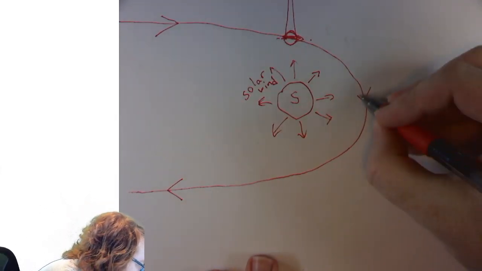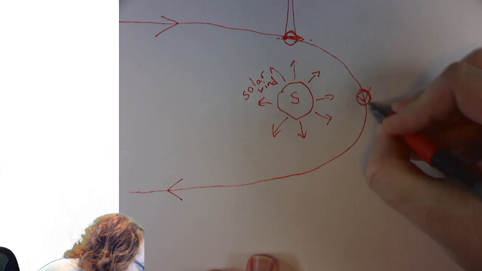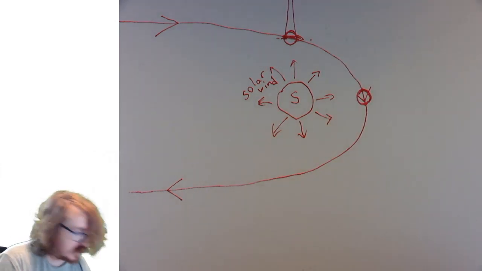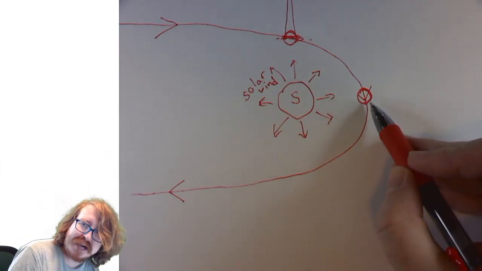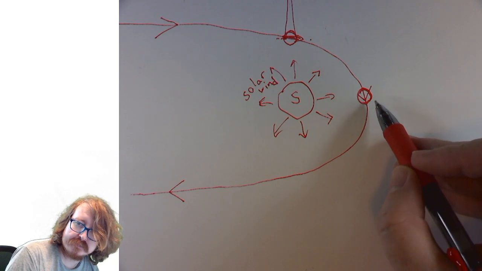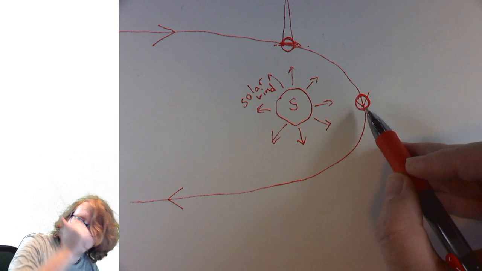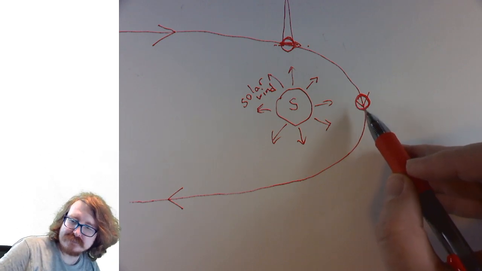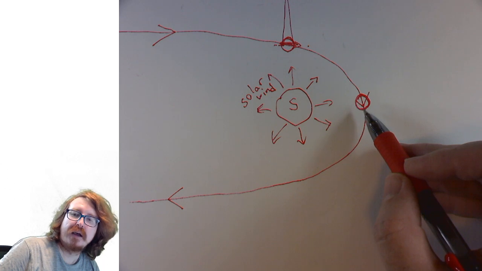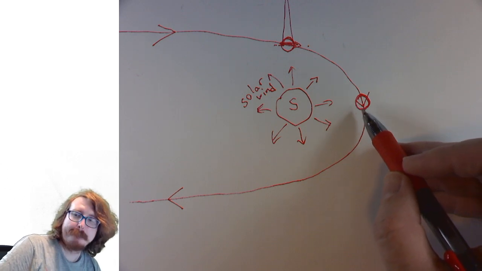Okay, now, check this out. When the comet gets right here, which way is that tail going to point? When the comet's right here, which direction would the tail point? Up, down, left, or right? Yeah.